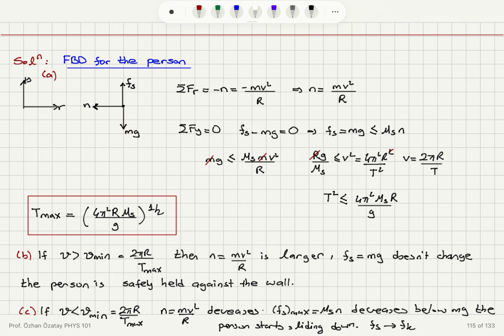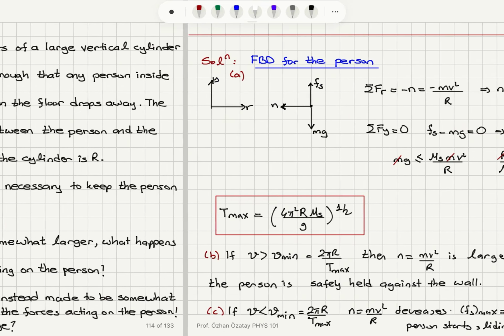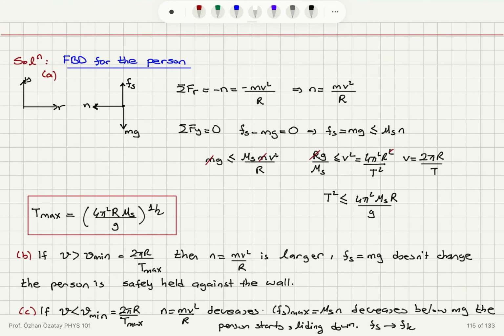The person will start sliding down. So setting mg less or equal to mu s times the normal force mv squared over r, and recognizing the relationship between the period and the speed, 2 pi r over T is the speed, we find the maximum period, the same expression given in the problem.